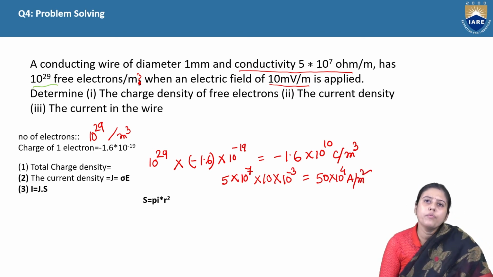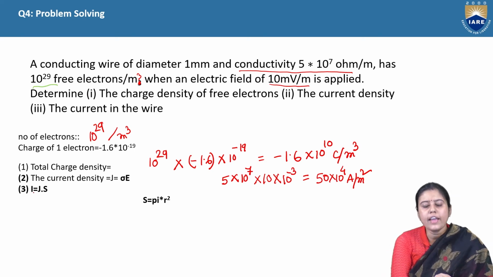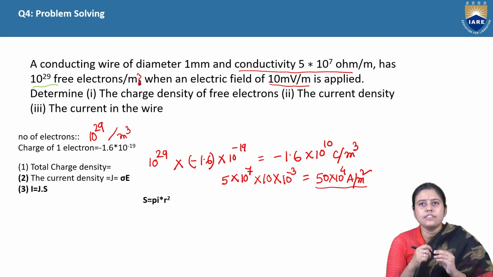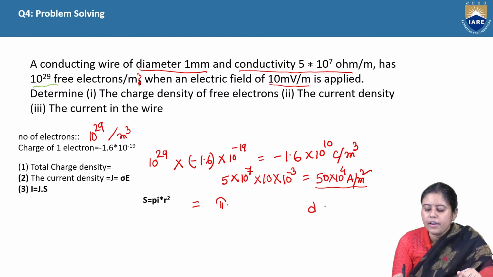We will discuss the third portion. What is the current in the wire? So already we know current density. So I is equal to J dot S. What is J? J we have already calculated, 50 into 10 to the power 4. What is S? As this is a conducting wire, the surface is circular, we will take it as pi R square. So what is pi? It is pi. What is R? The diameter is given as 1 millimeter. Okay, so diameter is 1 mm. So what is the radius?